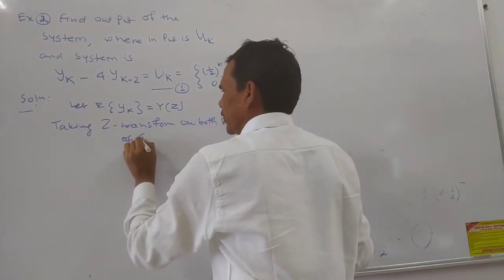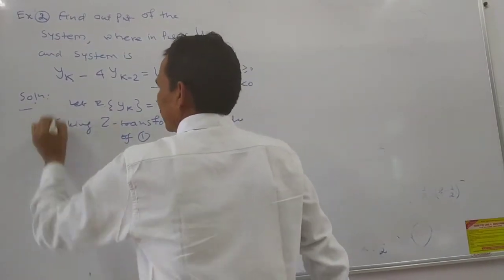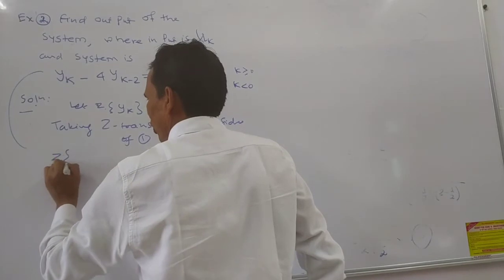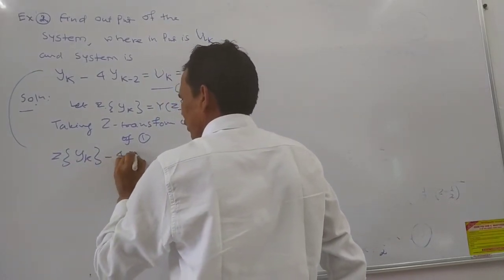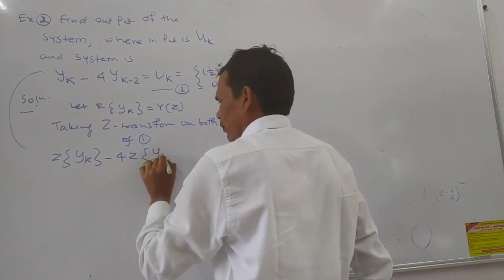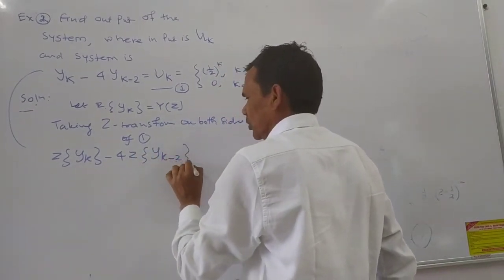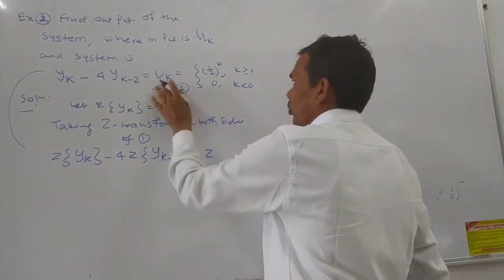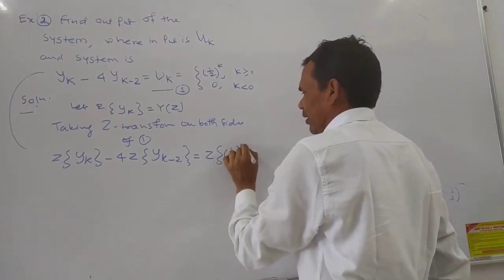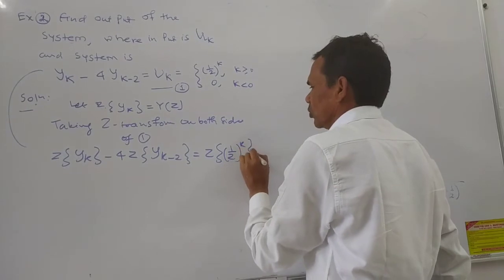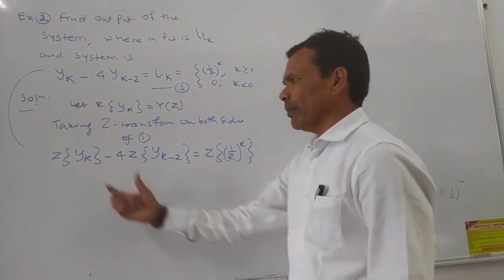So what happens here? It is the z transform of y k minus 4 times the z transform of y k minus 2, equal to the z transform of u k, which is 1 by 2 raised to k, because elsewhere it is 0. So I use the formula now.